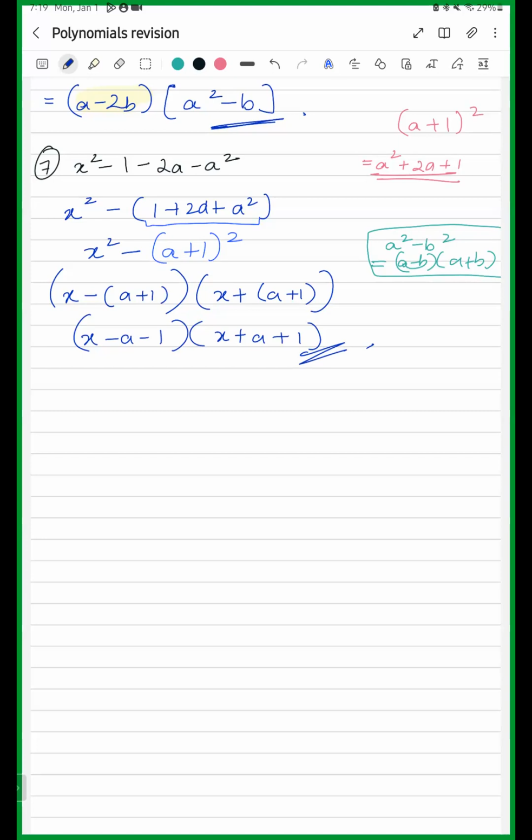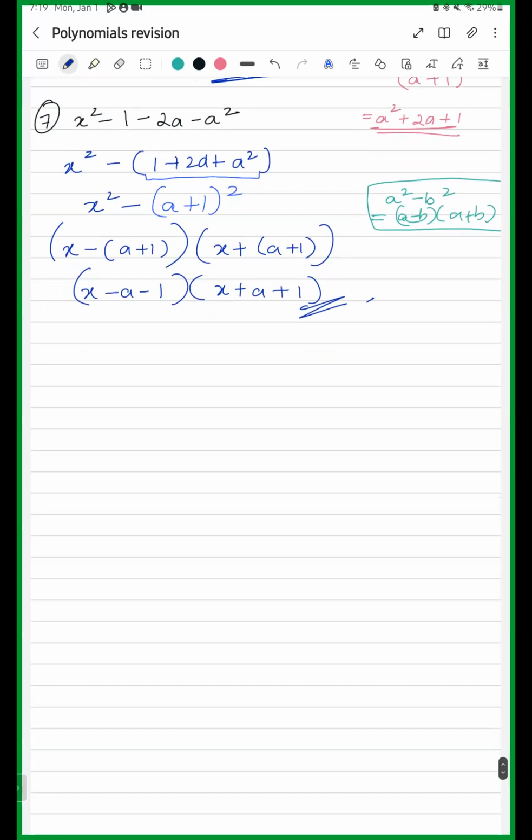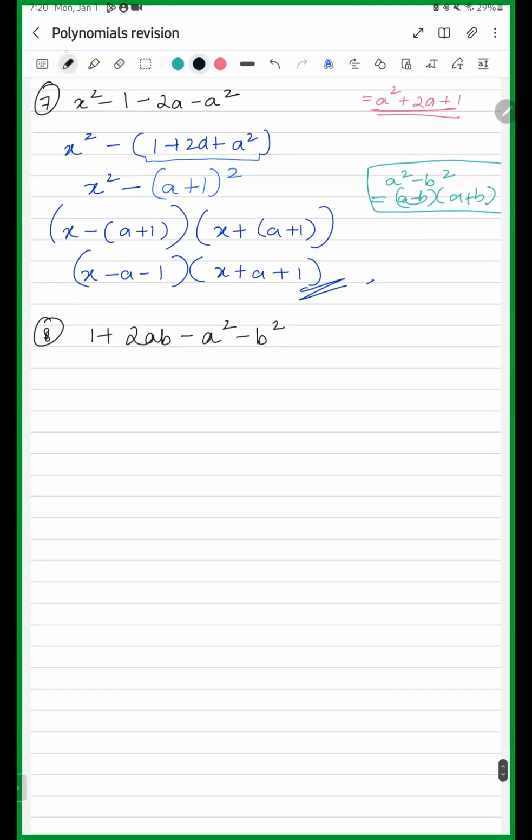Let's do a similar question, which is based on the same method. 1 plus 2ab minus a square minus b square. These two questions are important, so please pay close attention.